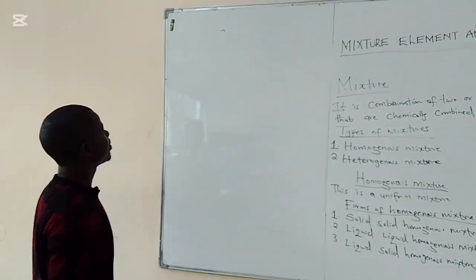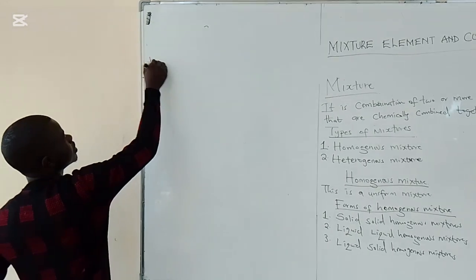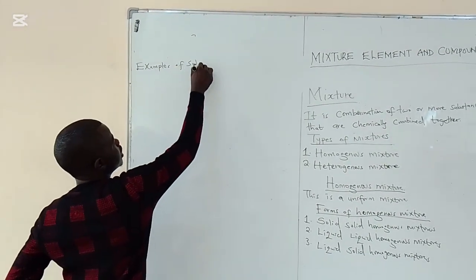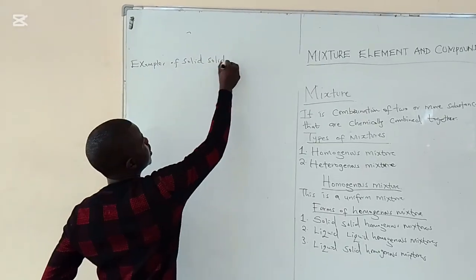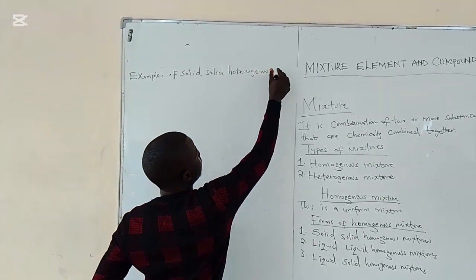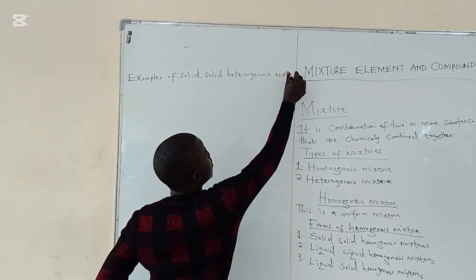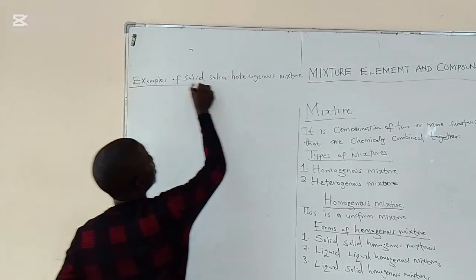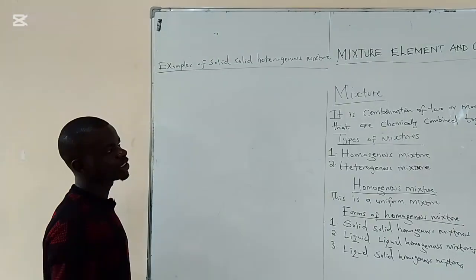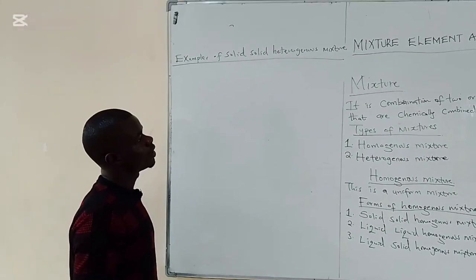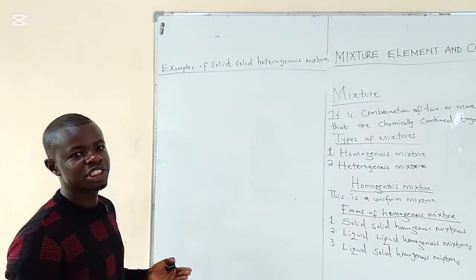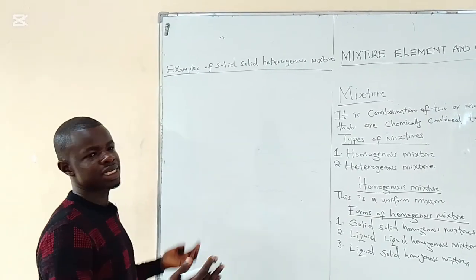Now, what about the solid examples? Examples of solid heterogeneous mixture. Remember, solids are tangible substances that do not mix, so you can be able to differentiate between two solid substances.